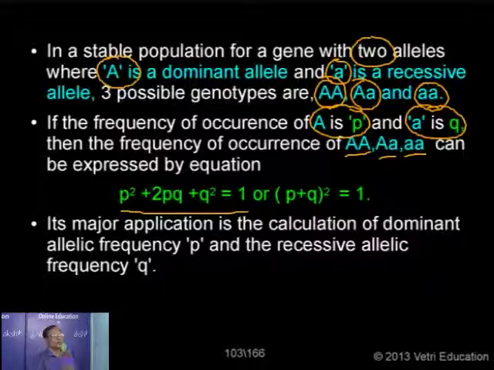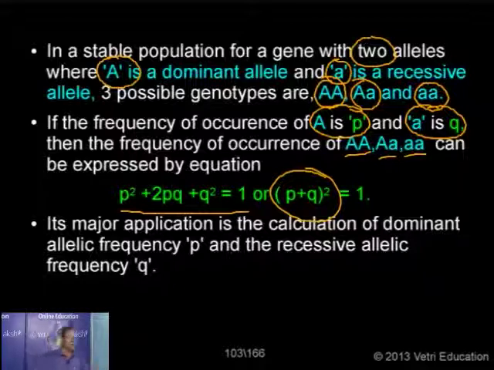Once you have the frequency of capital A and small a, from which we can also calculate the frequency of the genotypes, we can calculate the frequency of p or q from the binomial expansion of (p plus q) whole square is equal to 1, that is p square plus 2pq plus q square.